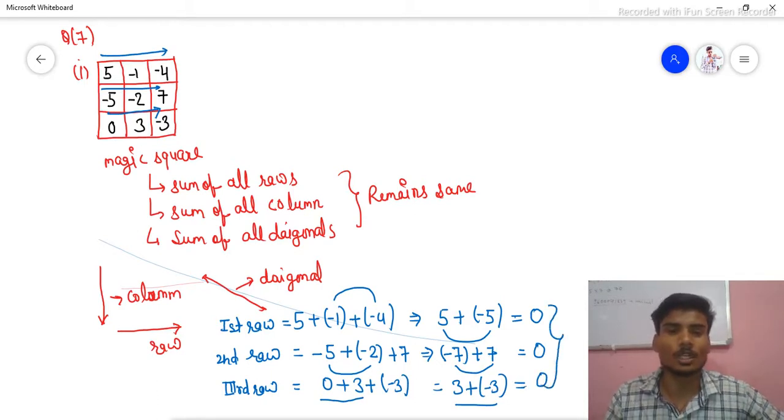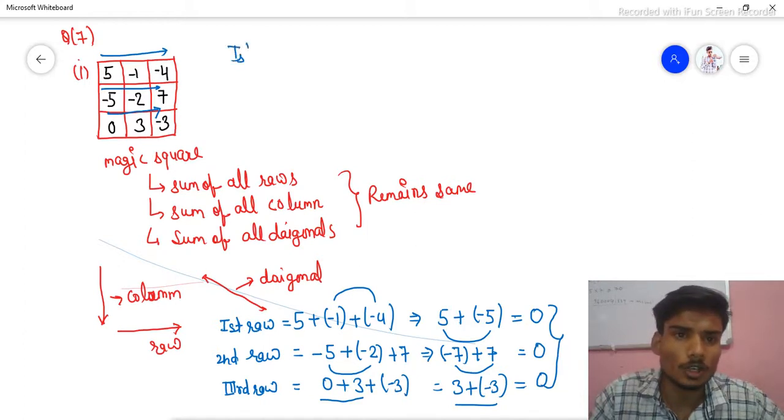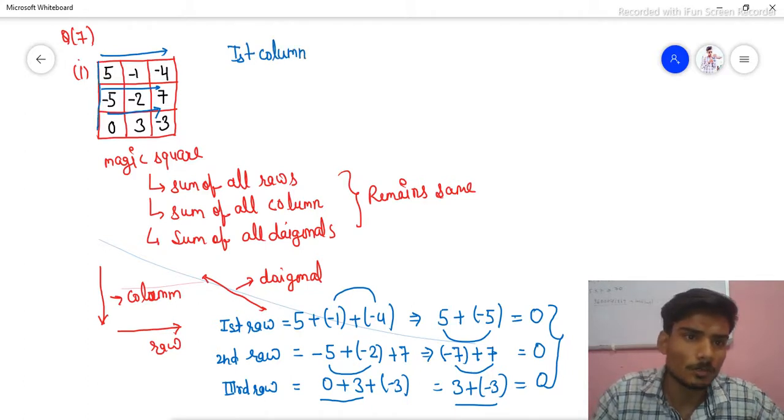Now we need to check the sum along the columns. First column: 5 plus minus 5 plus 0.